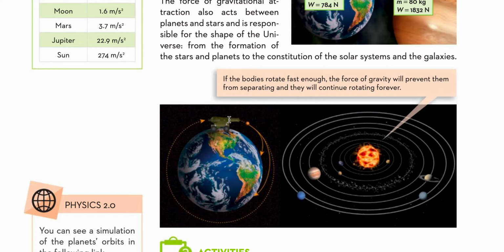If we increase the powder and the velocity increases, it can go further away. But imagine we increase the velocity a lot. Then, instead of going down, it can make an orbit. It can go surrounding the Earth.